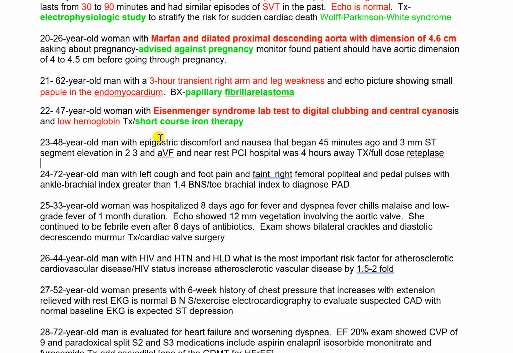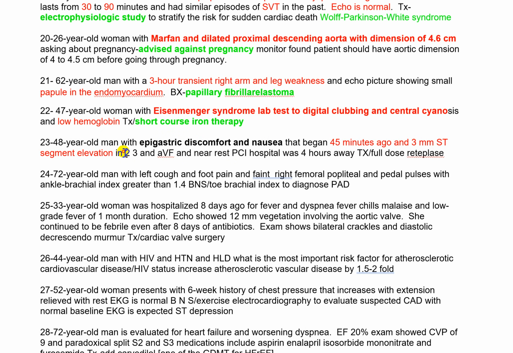Now we have a middle-aged man with epigastric discomfort and nausea, okay? It began 45 minutes ago, and there's ST segment elevation. What is your diagnosis? Heart attack, yeah. You should never miss this. This is lethal, and that's the thing that you never want to miss.